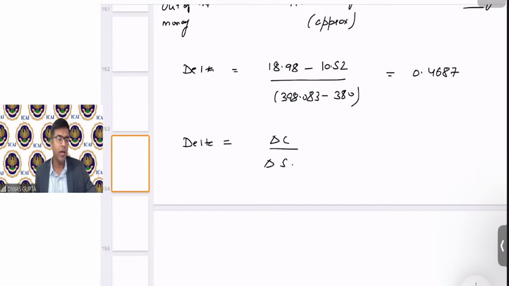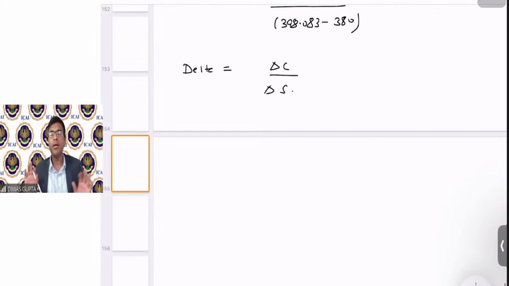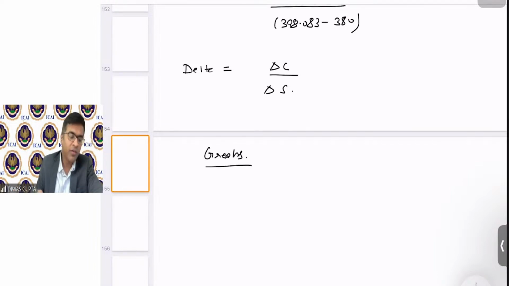Okay. Now let's talk about Greeks. Students, the Black-Scholes model and put-call parity theory are over. In fact, options as an overall concept are also over, except for this last part, the Greeks. Please understand, students, this is a very interesting part we are going to cover now. What are Greeks?